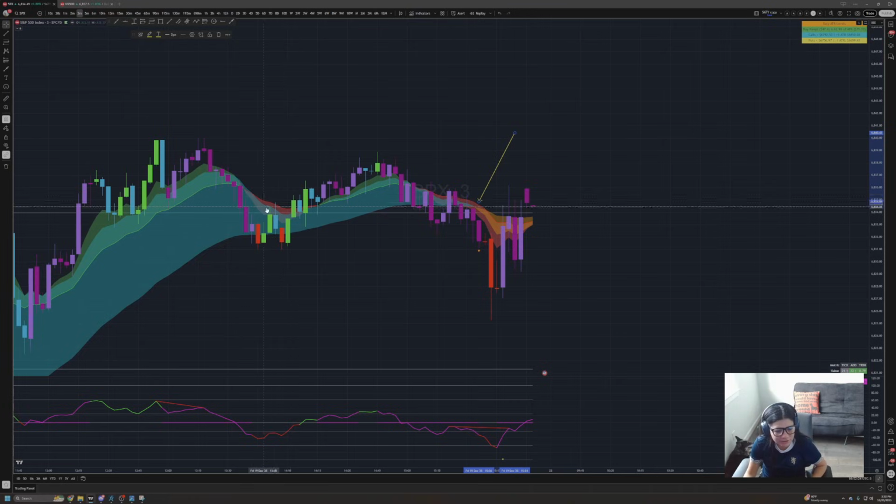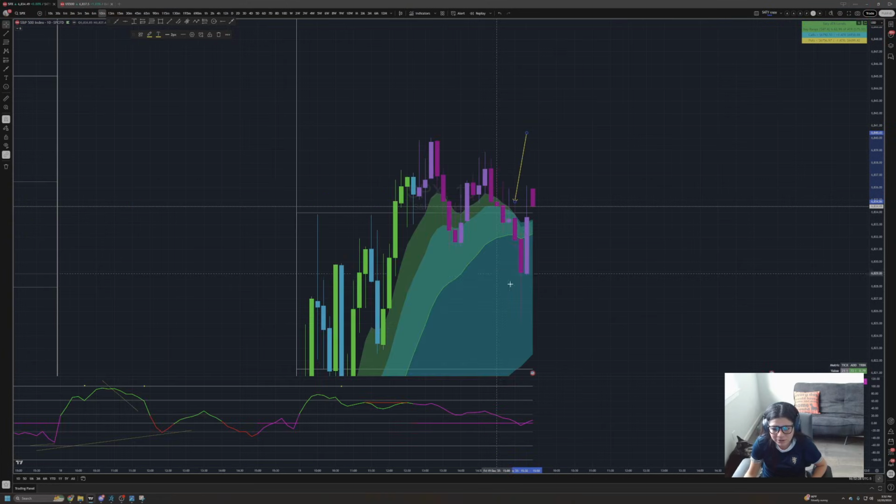And as you could see, this one here kind of failed. The reason it failed is that if you look at the 10-minute, the ribbon was still strong, and we were never really closing, not even reaching the 21 EMA, and we kept closing above the 13.